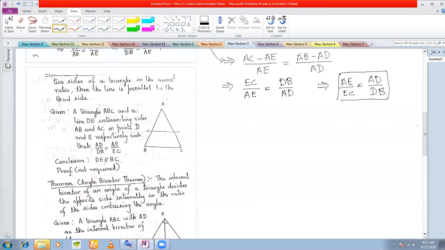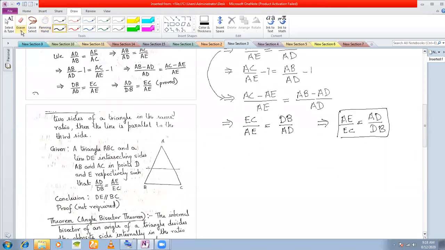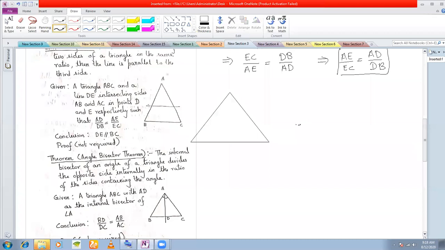Okay. Now the converse of BPT states that if in any triangle, you have a straight line intersecting the triangle at D and E in such a manner that AD by DB is equal to AE by EC.